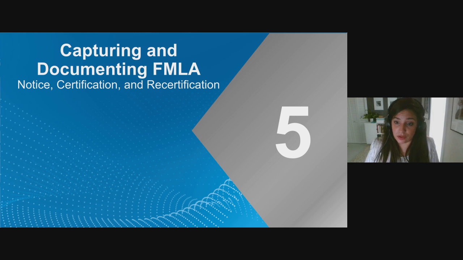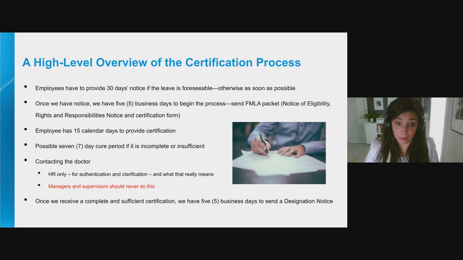Now, how do we go about this process of documenting and capturing an employee's request for FMLA? Well, if the employee is going to have a scheduled surgery or they're going to birth a child, with the birth of a child, you do not necessarily know when the child is going to be born, but in a typical pregnancy, you have an idea, give or take a couple of weeks. So you can let your employer know ahead of time, like, hey, I'm going to probably be taking leave in October or November of this year.